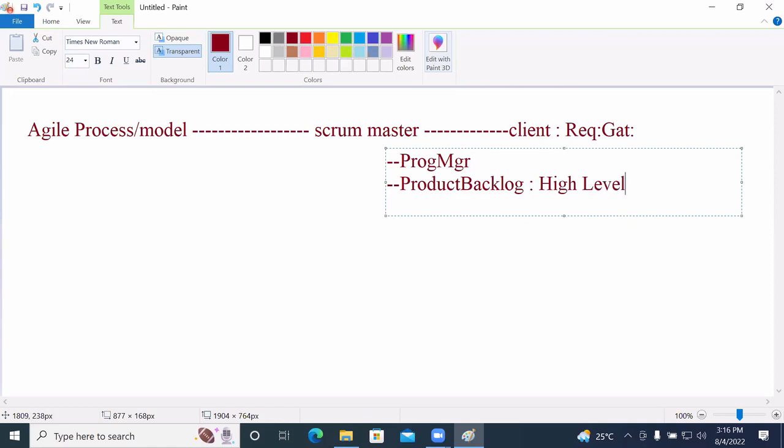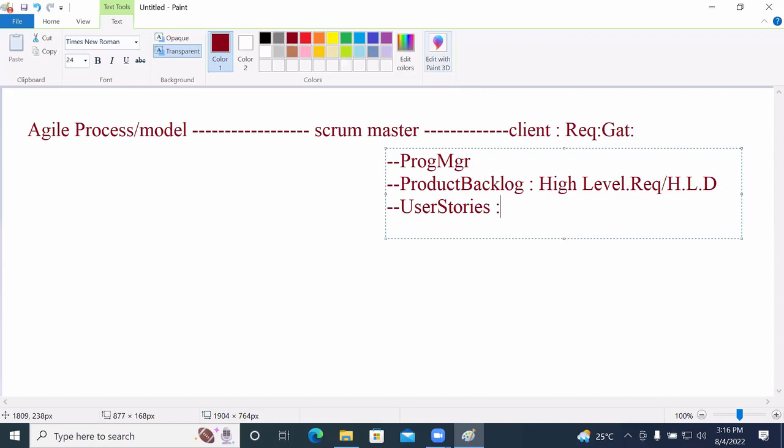Considering the high level requirements. The meaning of product backlog is that we consider the high level requirements, or the high level document, or we can say the high level design. At the same time, based on the product backlog, what did we get? User stories.